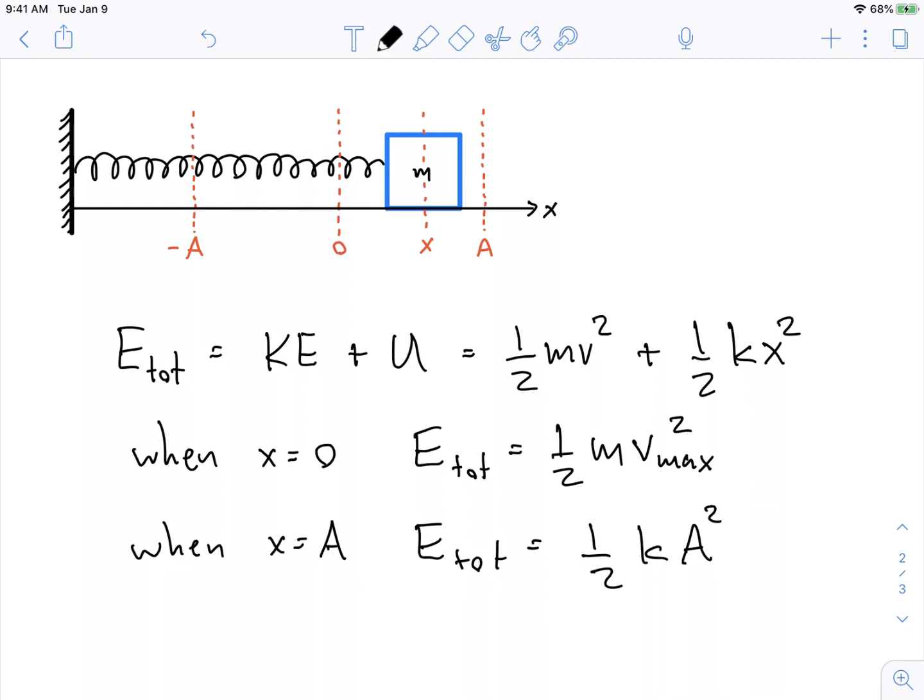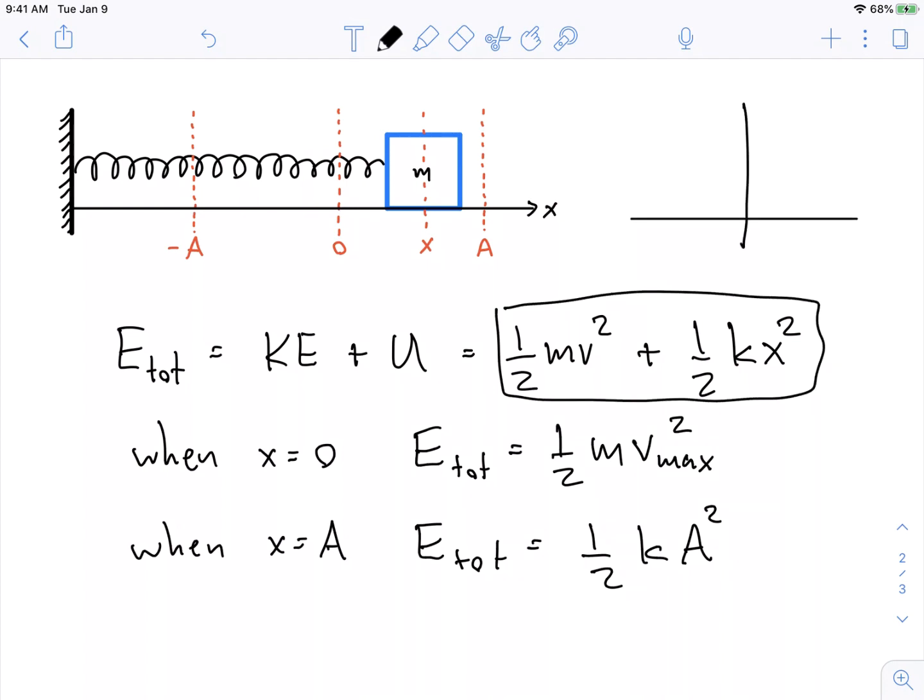And one thing to note is that while the system is going, we can look at a graph of energy. At its extremes, the potential energy looks like this, and this is U. Throughout the motion, the kinetic energy looks like this, and we always have the same total energy.